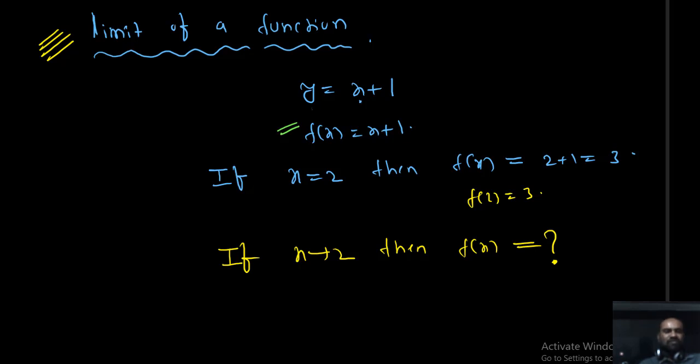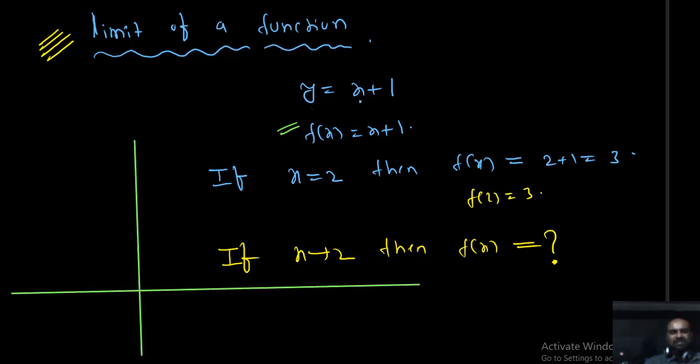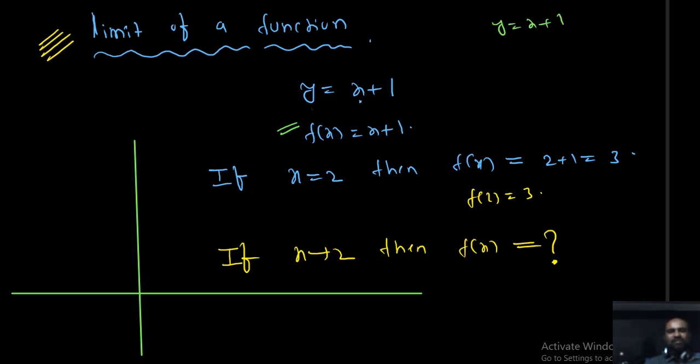I will explain through the graph now. Students listen, this is the y axis, this is the x axis. Now I want to draw the graph of y equal to x plus 1. If x is 0, y is 1. If y is 0, x is minus 1. So this is my graph.